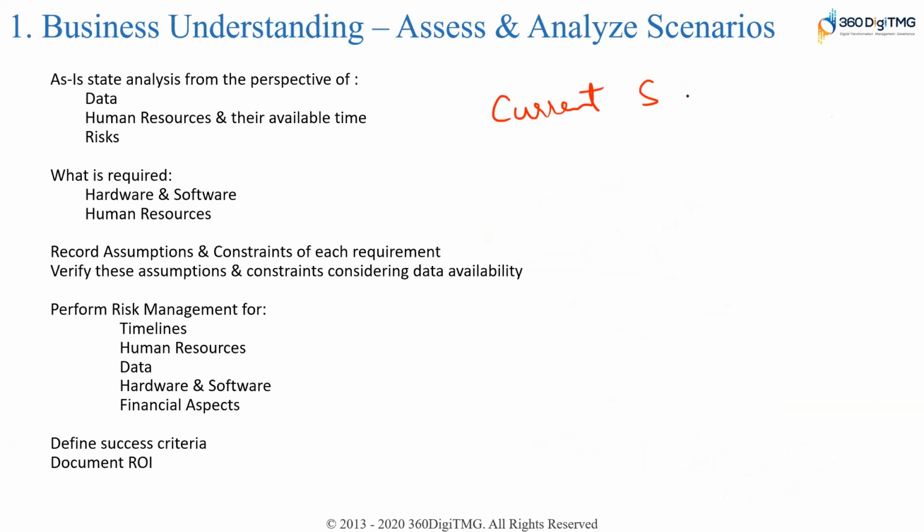Okay, the customer is facing some problem, but first try to understand the present scenario in regards to your business problem. You look at what is currently available with you. What kind of resources do you have? Human resources. What kind of data do you have, right?